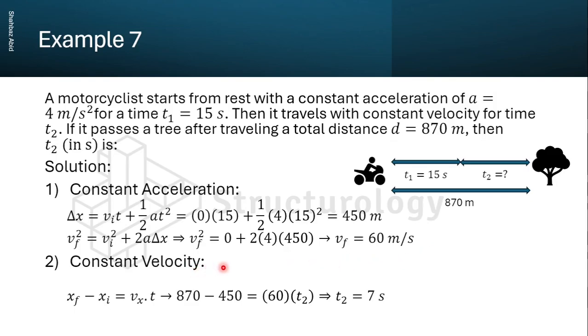For step 2, which is constant velocity, the equation was final position minus initial position, which is delta x, is equal to v sub x times t.